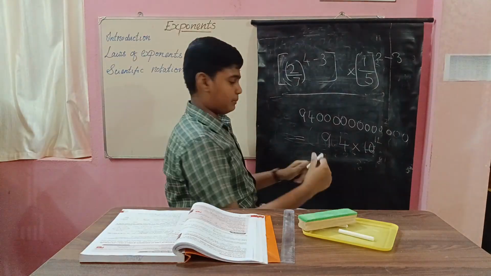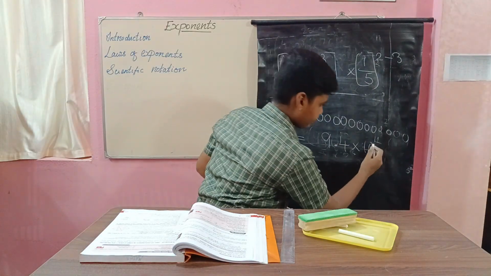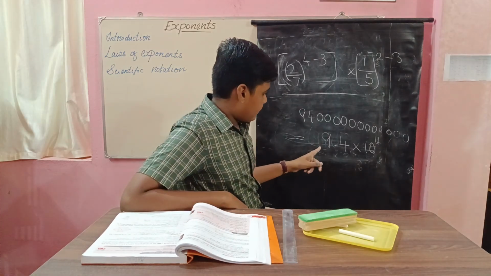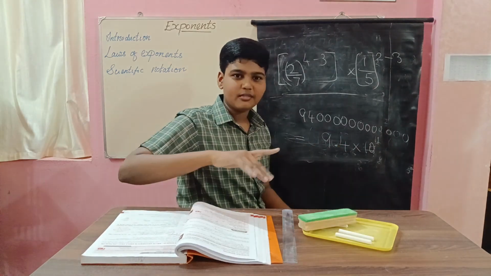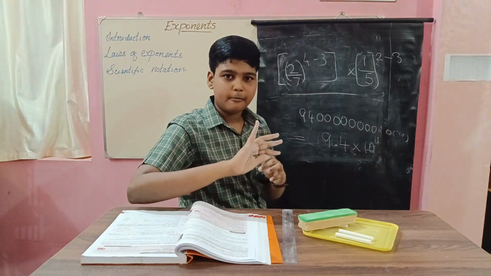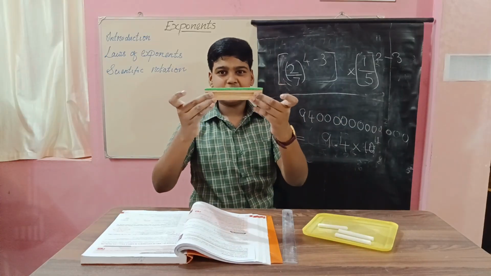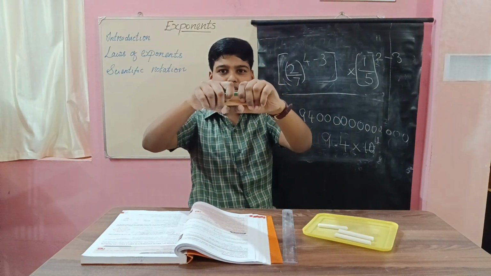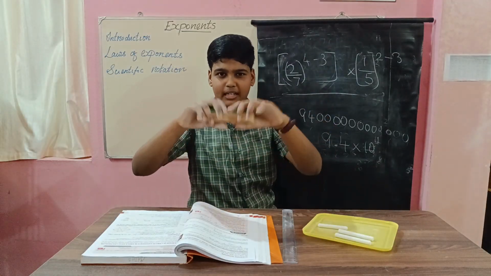So what do you understand by this? What I did here is 9.4. I think you can understand. Suppose this is a duster and I need to break it into two parts. What will I do? Break it with my hands.